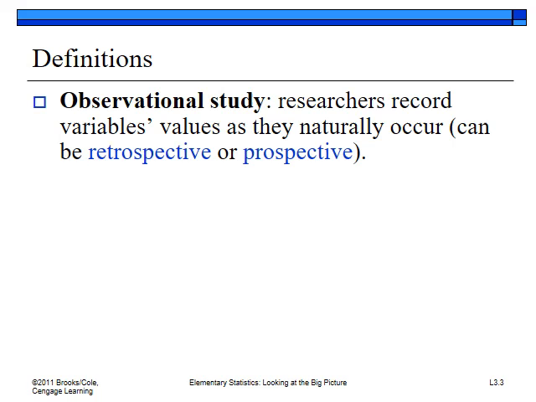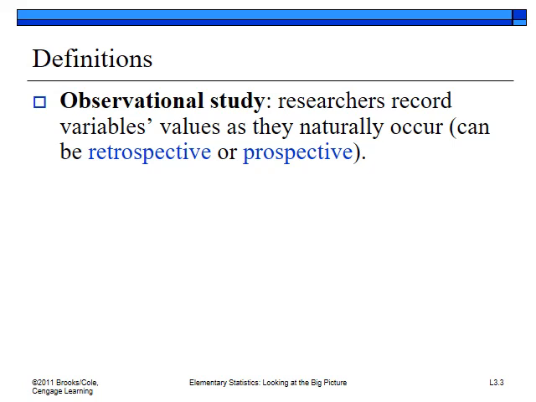Let's look at a few definitions. An observational study is one in which researchers look at the values of variables as they happen naturally. For example, if researchers think that gender might affect height, this would be an observational study because they're looking at a person's gender and a person's height as they naturally occur.